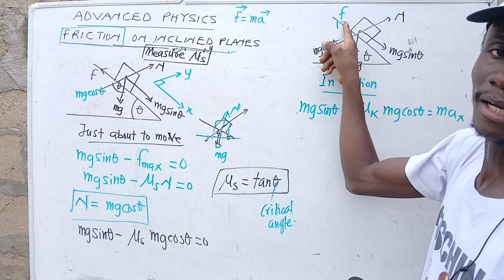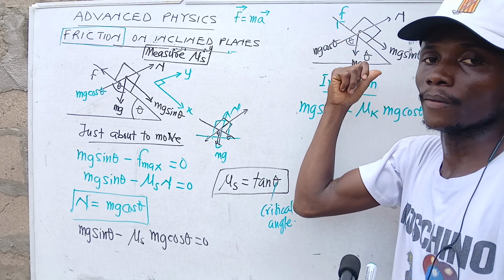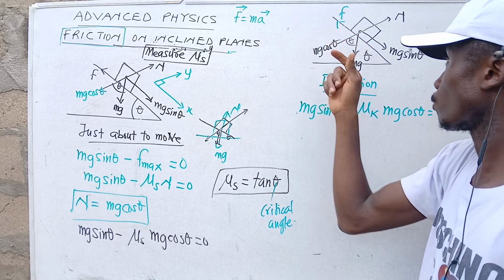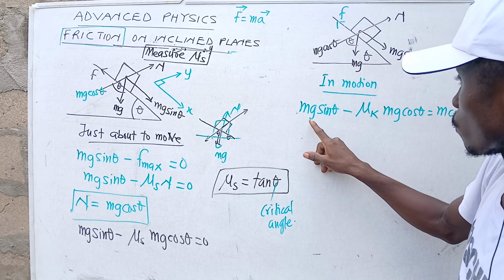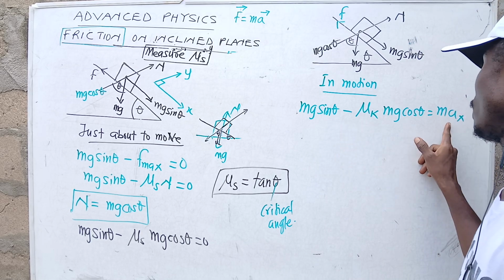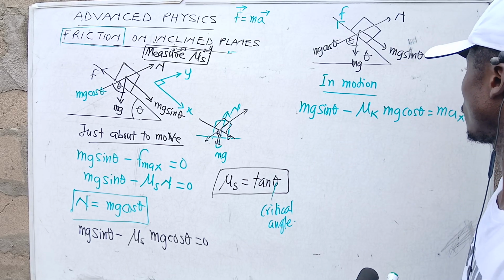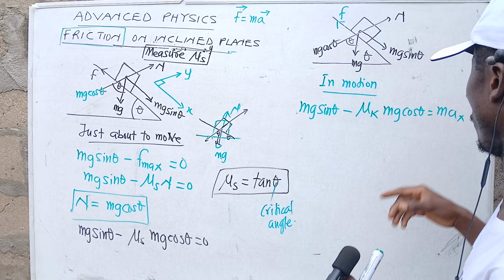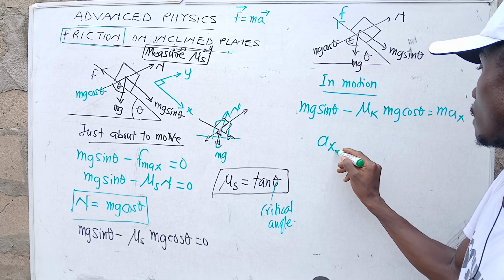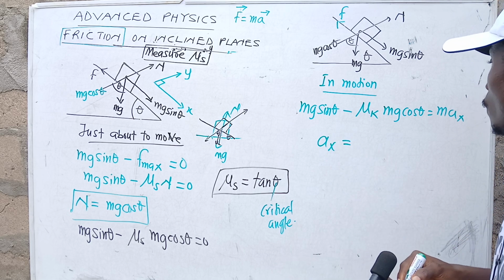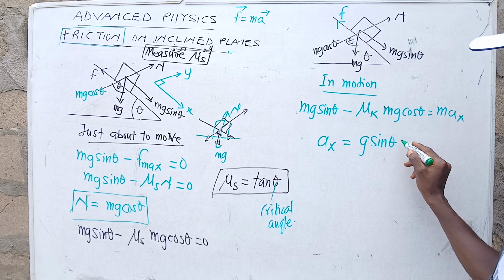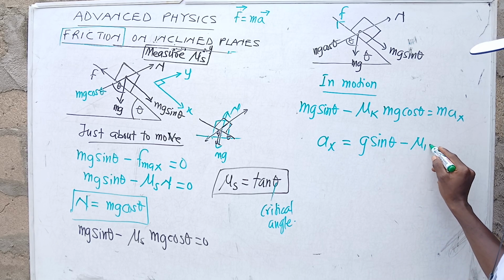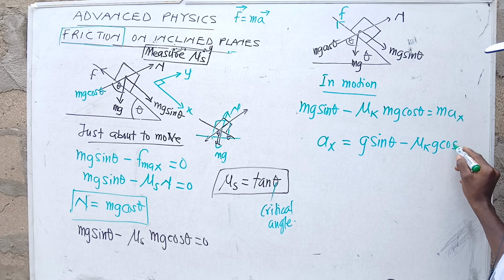If there is no frictional force and the object starts sliding down, the acceleration downwards would be g sine theta. But now there's a frictional force, so mg sine theta minus that friction will be equal to m ax. Now doing your cancellation, you have ax equal to g sine theta minus mu k g cosine of theta.